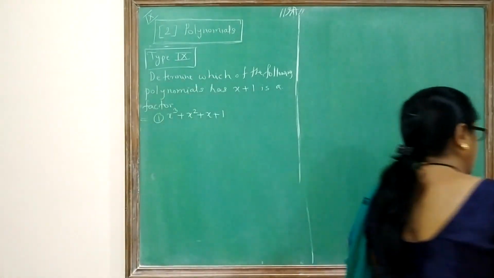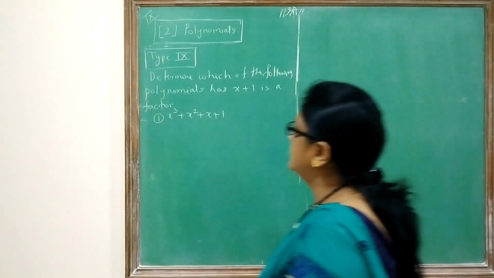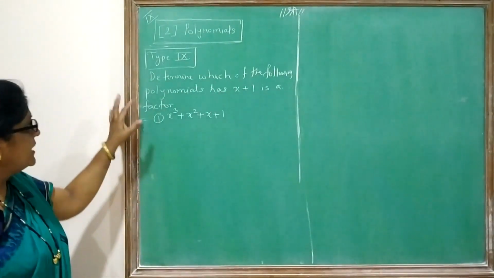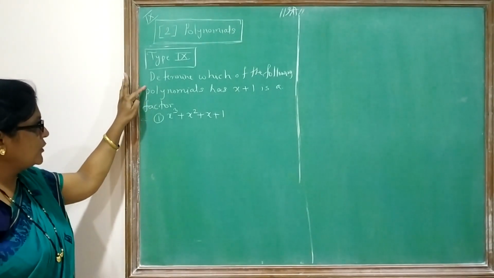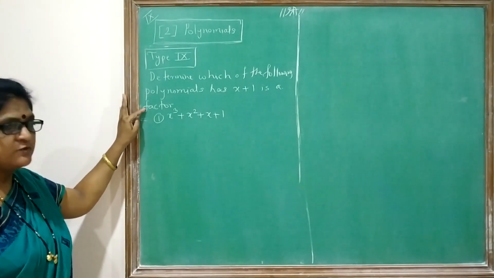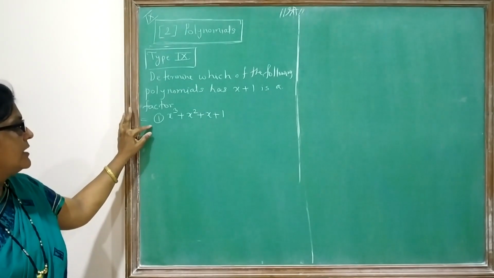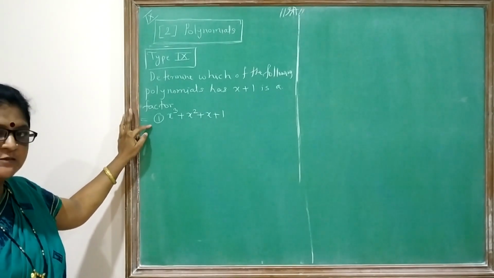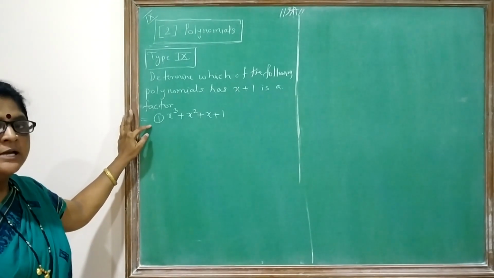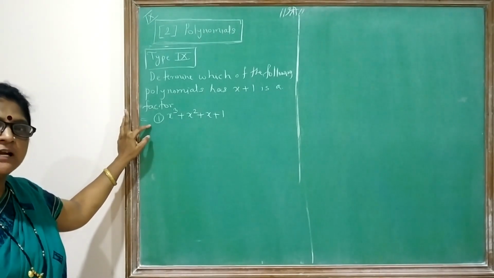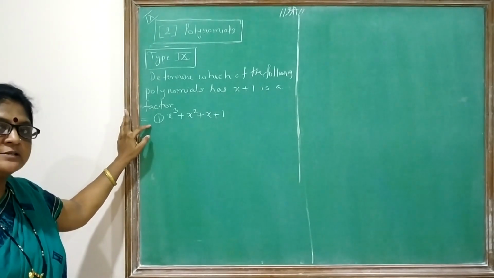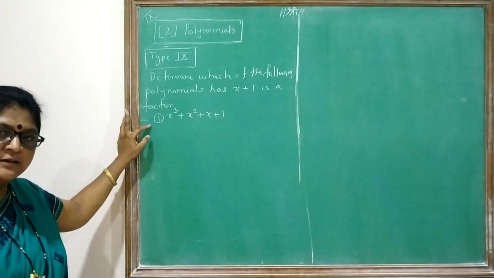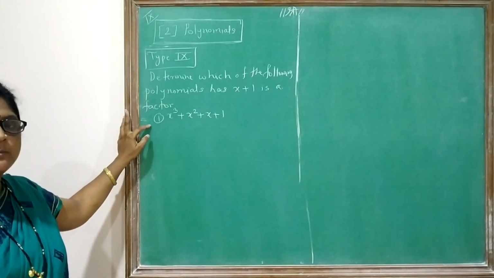First, read the heading carefully. Determine which of the following polynomials has x plus 1 as a factor, and your p of x is x cube plus x square plus x plus 1. If the remainder is 0, then you will write it is a factor. If the remainder is not 0, then you will write it is not a factor of p of x.